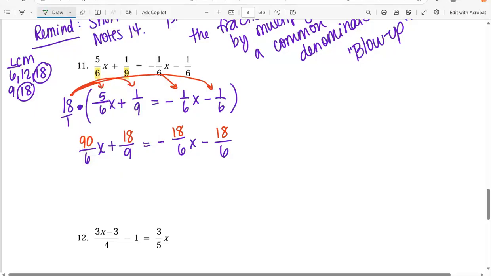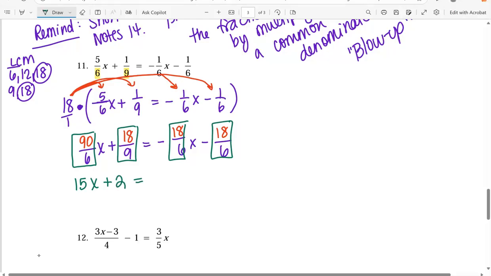And if we've done this correctly, we can come back and divide our fractions into nice, clean numbers. Well, 90 divided by 6 is 15. I still have an x. Plus 18 divided by 9 is 2. I still have a negative. 18 divided by 6 is 3.